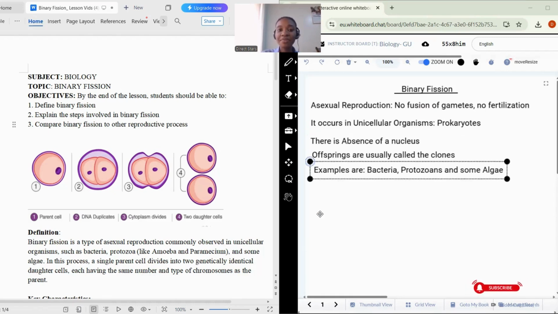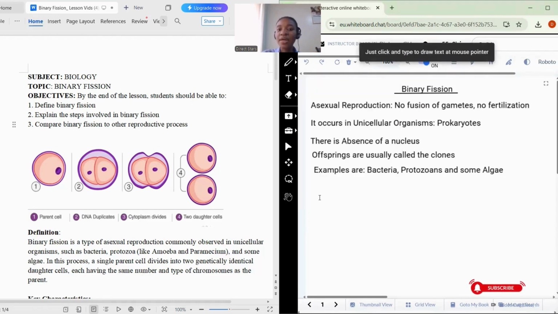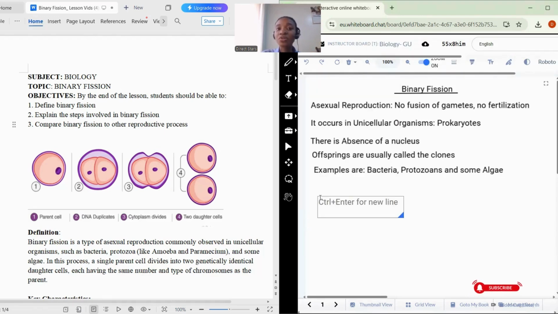When you say prokaryotes or a prokaryotic cell, what do we mean? We are talking about those cells that have no nucleus. That is, cells without a nucleus. These are what we refer to as prokaryotes.